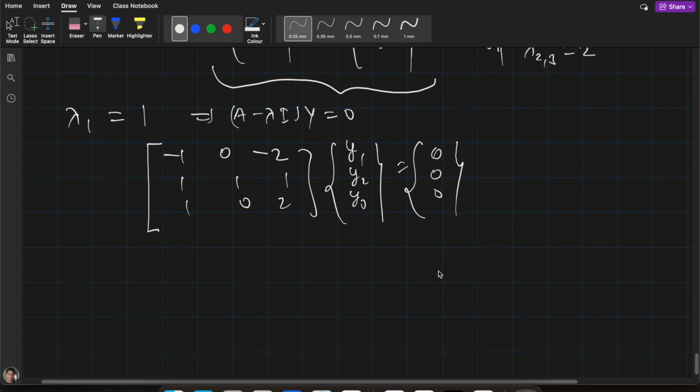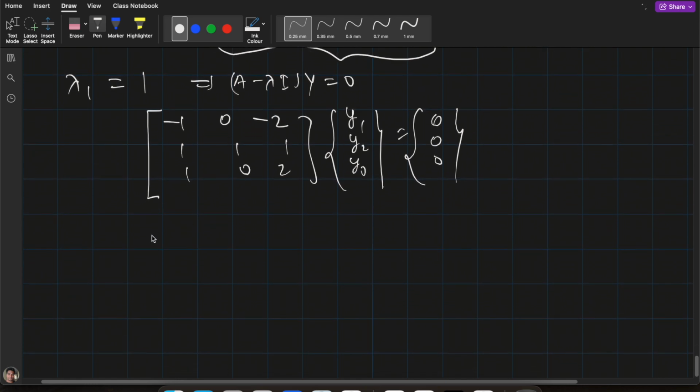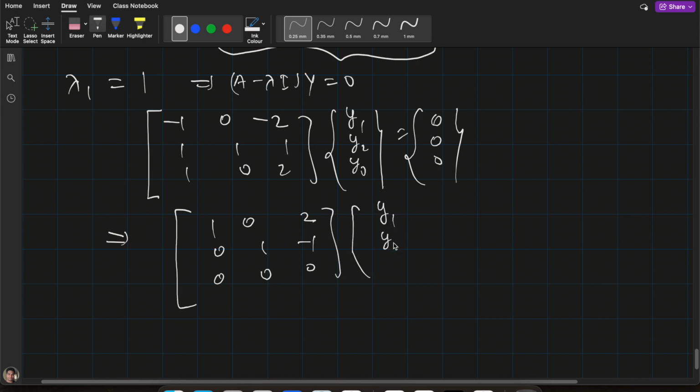Now I will do the same row operations, elementary row operations, and after doing this you will get 1 0 2, 0 1 minus 1, 0 0 0, and that is y1 y2 y3 equal to 0 0 0.